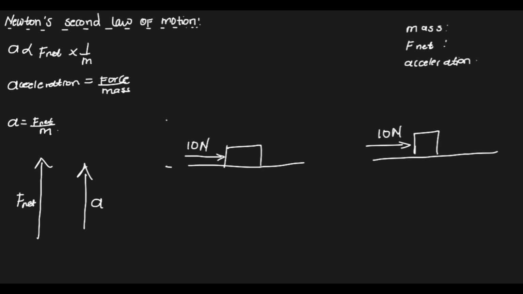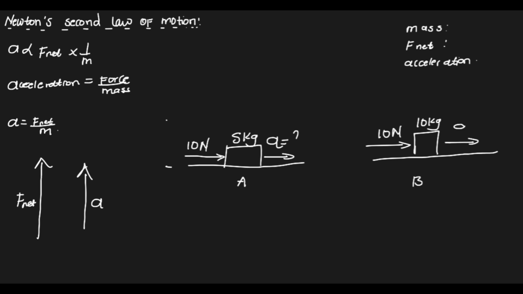So let's say the first object, object A, has a mass of 5 kg. Then the second object has a mass of, let's just say, 10 kg. So we want to see how much acceleration the first part will produce and the acceleration that will be produced by the second part.